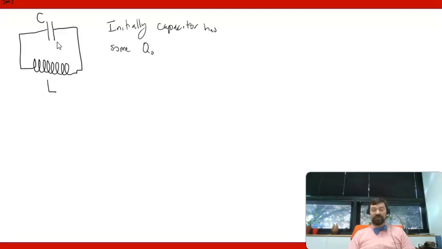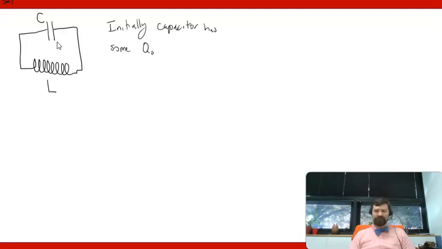Now in a previous video I discussed this in terms of the loop rule and the equations that describe voltage drops for the capacitor and for the inductor. And so of course the loop rule says that the voltage drop on the capacitor and the voltage drop on the inductor must have equal magnitude but opposite sign. So that's that.